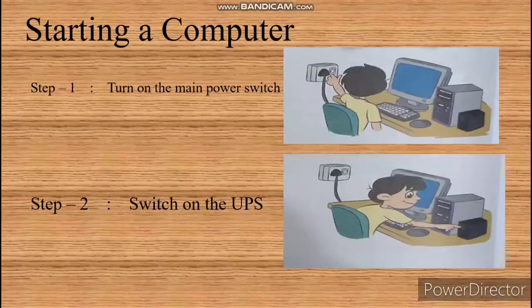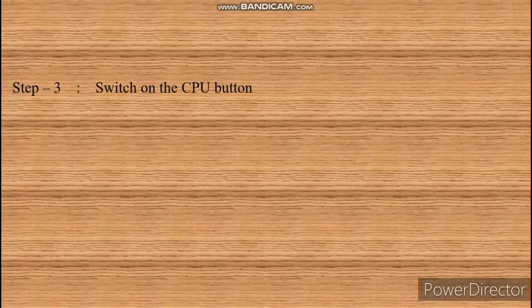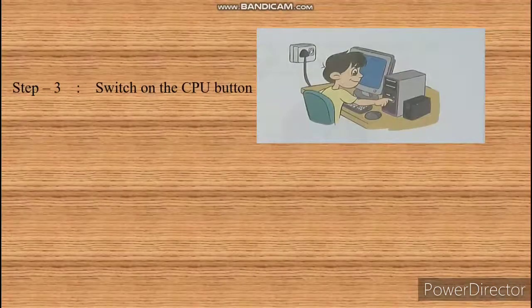The next step to start a computer is step 3. Switch on the CPU button. In this figure, the boy is going to switch on the CPU button. The full form of CPU is Central Processing Unit, and it is also known as the brain of the computer.